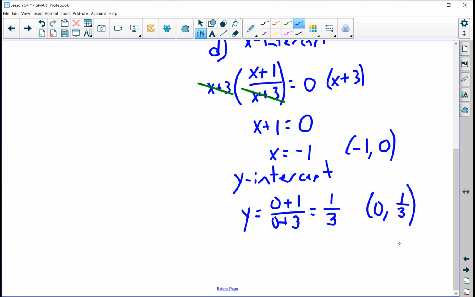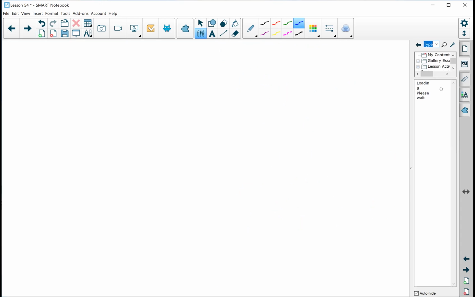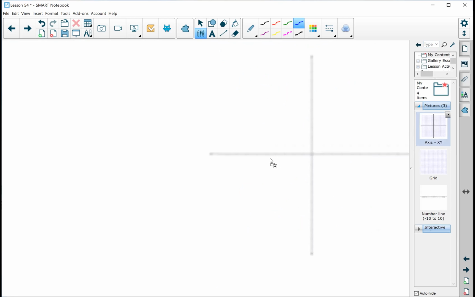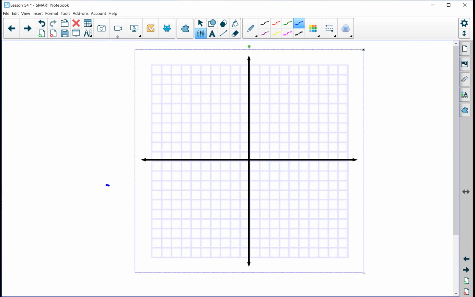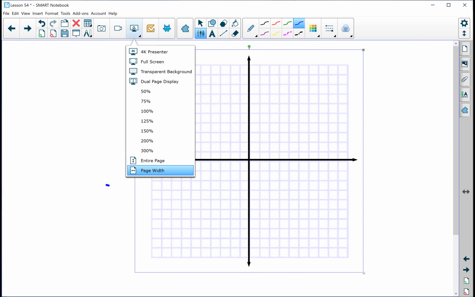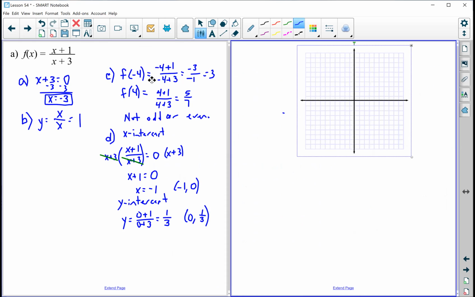And now I want to graph. So I'm going to pull out a piece of graph paper and go back to that dual page display because that's going to help. So for my asymptotes, I'm going to draw some dotted lines.